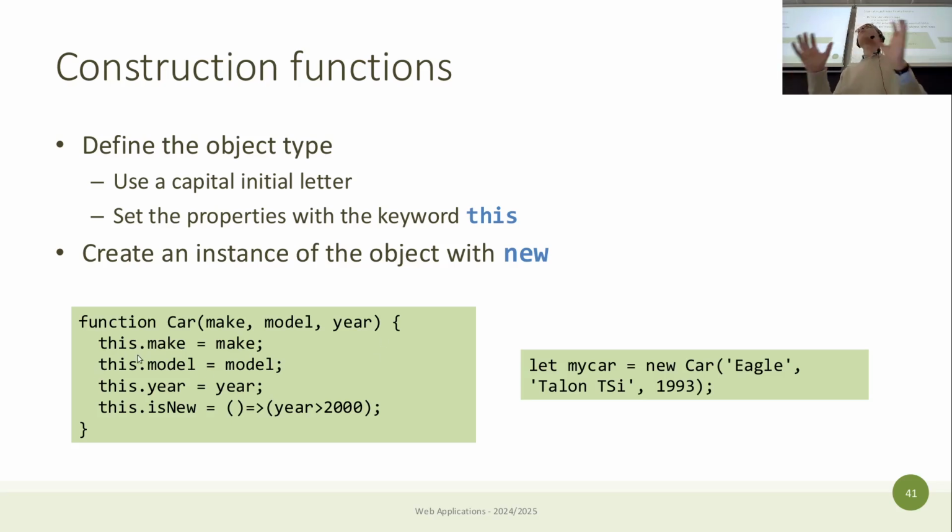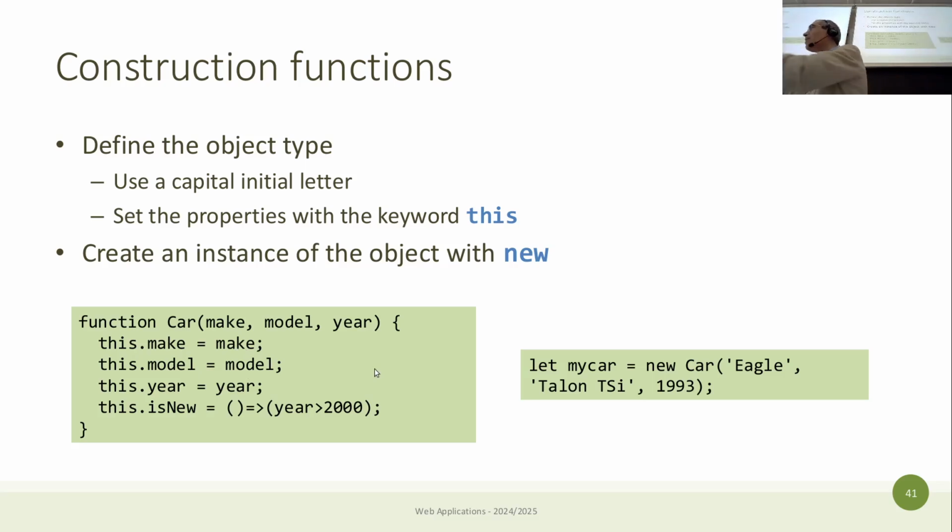So it looks more or less like a traditional object-oriented programming language, where you can initialize properties of an object. Here you could have written, open the curly bracket, make colon, make, model, and so on. The result is the same.